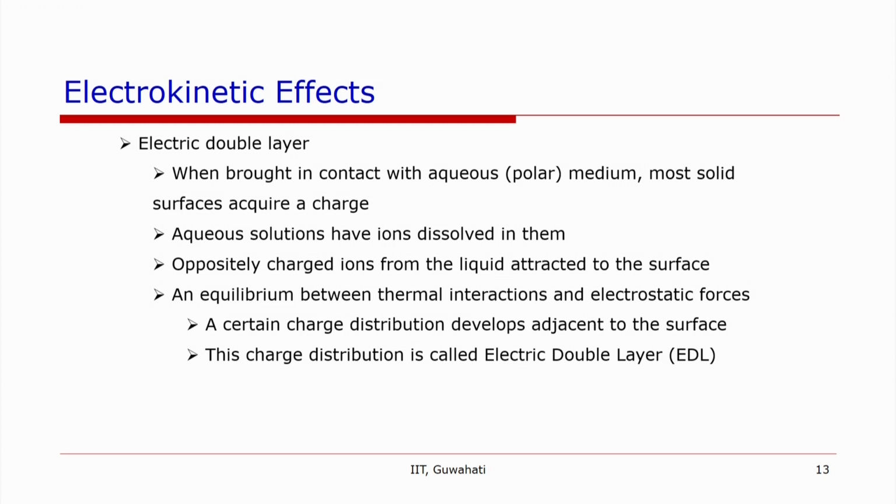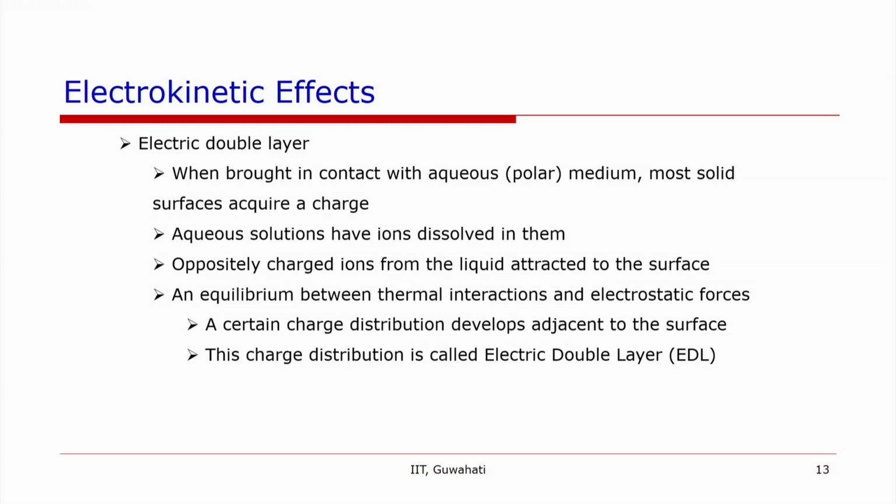This charge can be positive or negative depending on the conditions, depending on what is there in the aqueous solution, depending on what the surface is. So, the surface acquires a charge, and the aqueous solution has ions present in it.